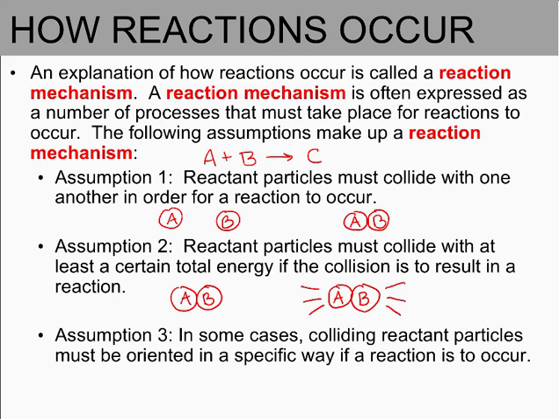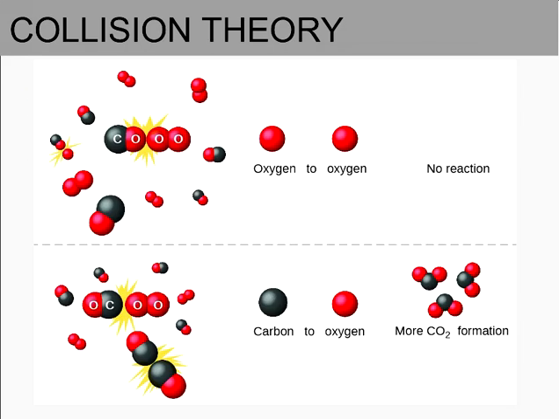And then assumption 3: in some cases, colliding reactant particles must be oriented in a specific way if a reaction is to occur. Let's look at an example where that is true. On this slide, we have a depiction of what's called collision theory.